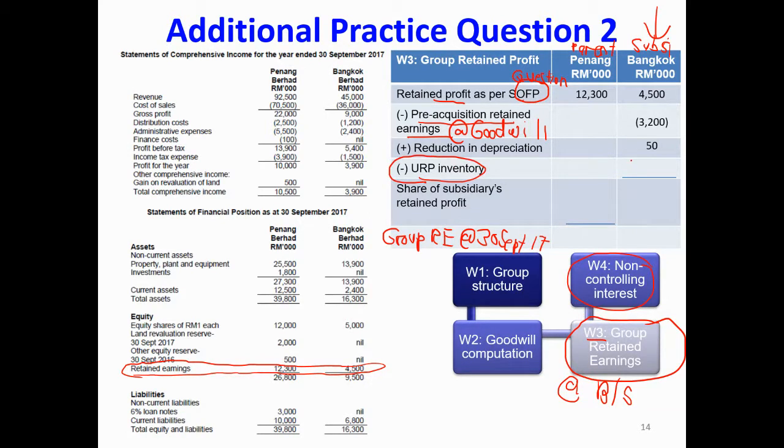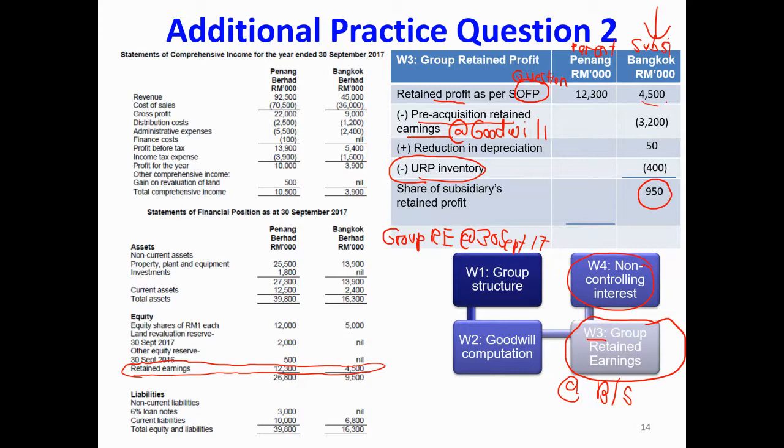This unrealized profit you have to adjust as well. So remove out the unrealized profit 400K. Okay, so at the end of the day, your final retained earnings for Bangkok, or for the subsidiary, at the balance sheet date is 950K after all the adjustments.